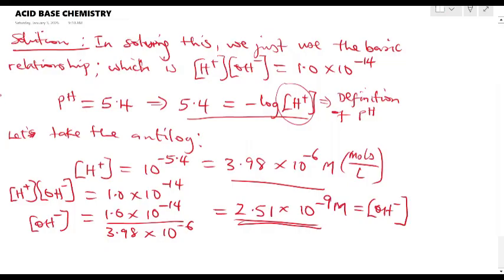So if you want to get your pOH, let's do that in the next page, trying to get the pOH. All right, so we just move to the next page.